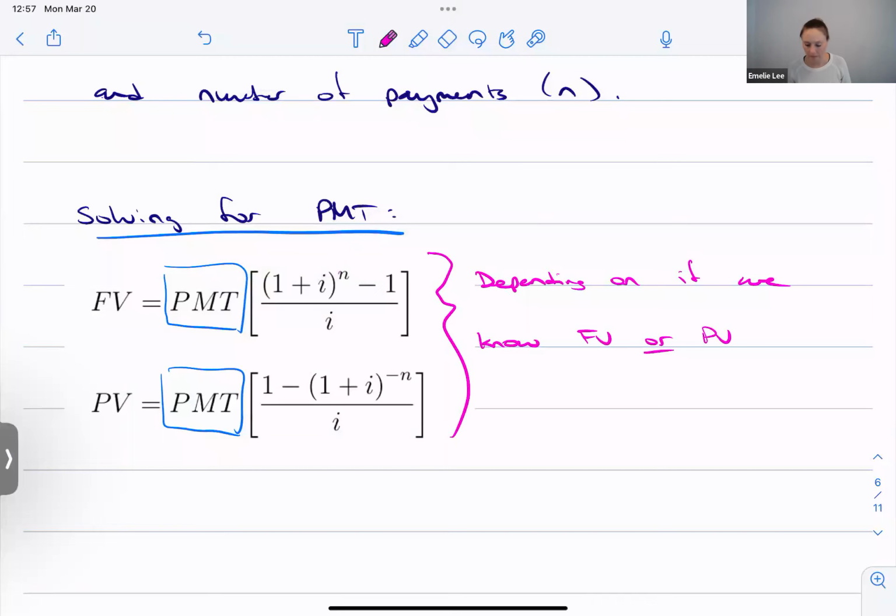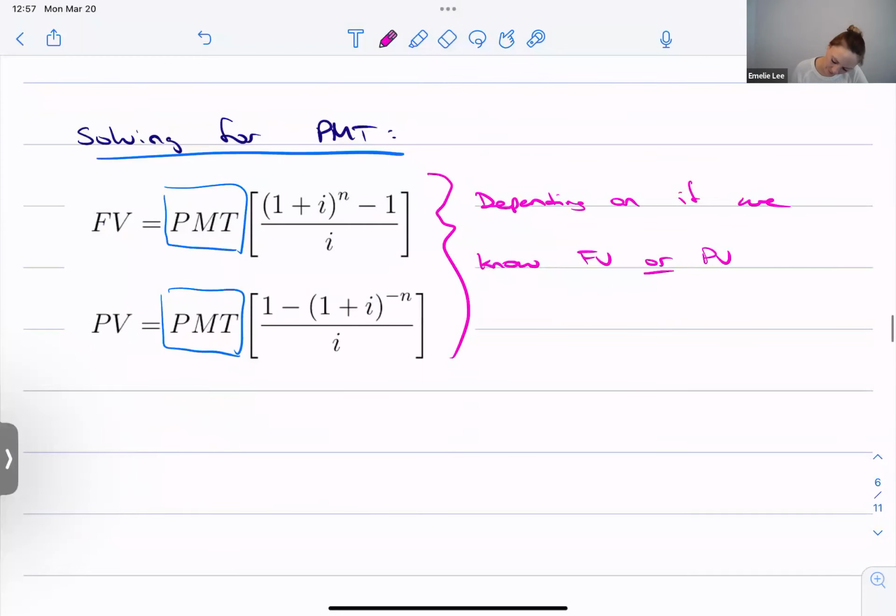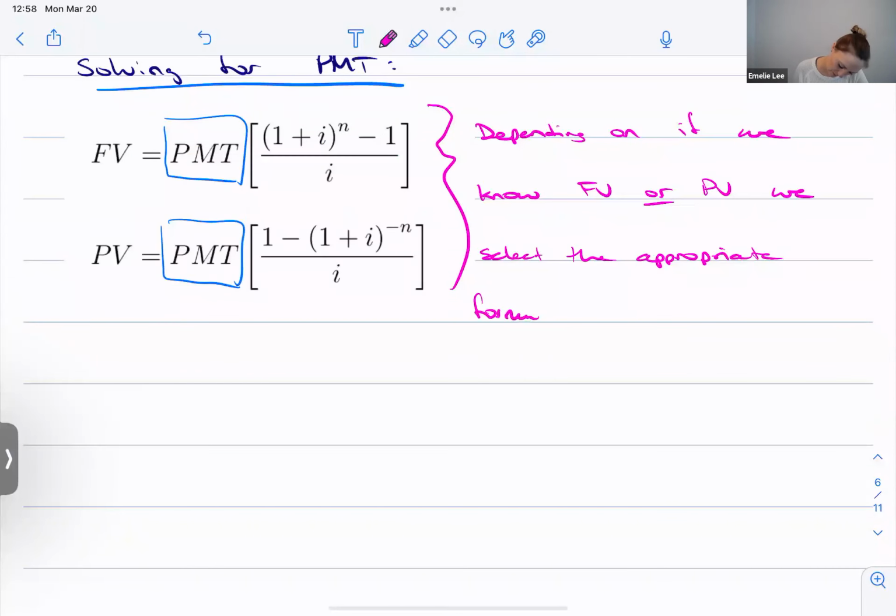It'll be one or the other. We select the appropriate formula and solve for PMT. If you know the future value, then you use the future value formula and you can just rearrange everything and solve for PMT, right? And same thing, if you know the present value, then you can solve for this and solve for PMT.